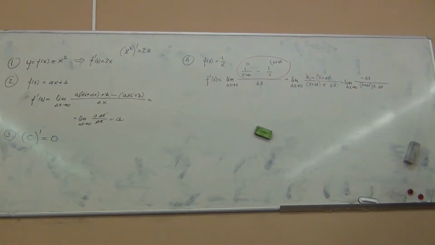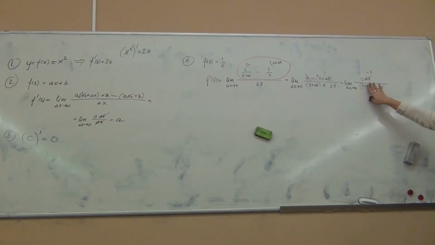Now I can cancel out delta x. So this would be minus 1 now, minus delta x divided by delta x. And now, if delta x tends to 0, we can ignore it. We have minus 1 divided by x squared.